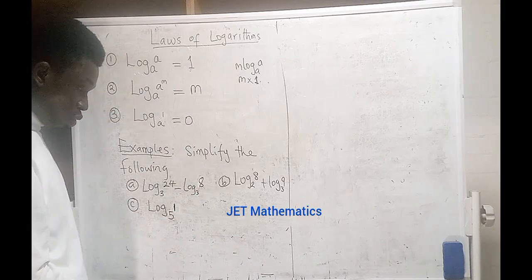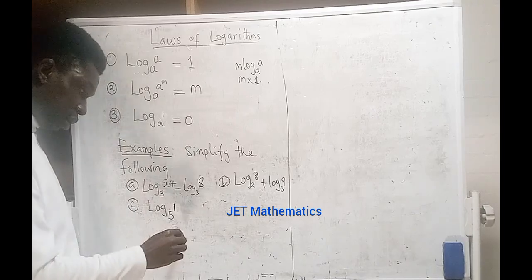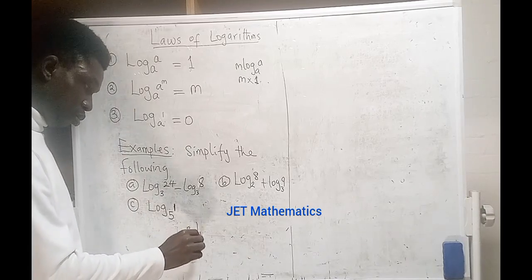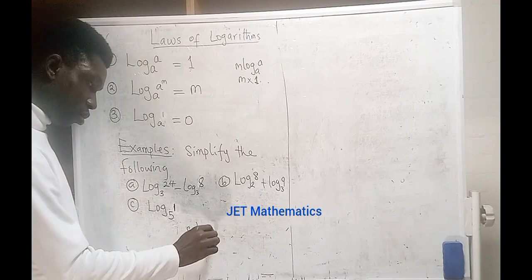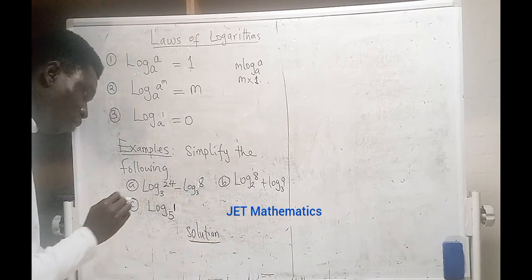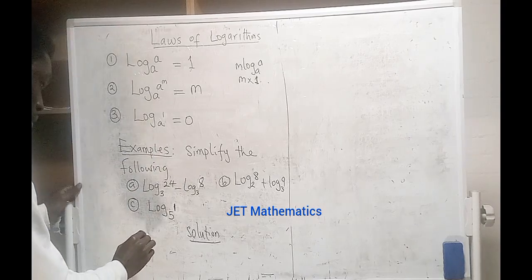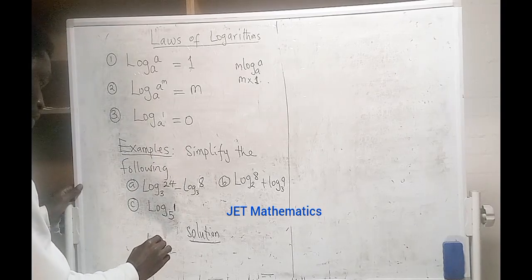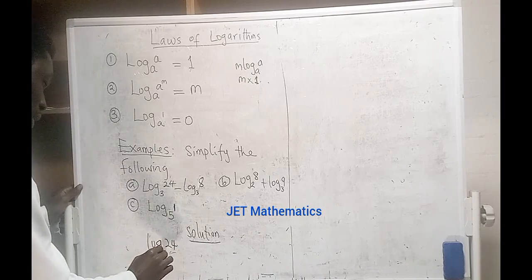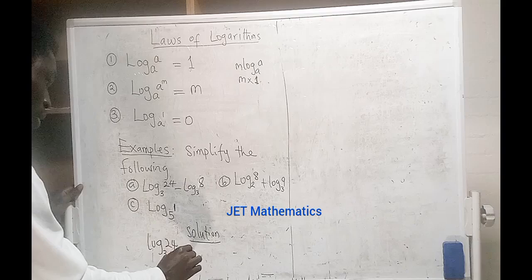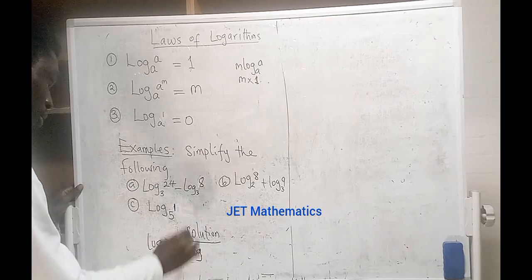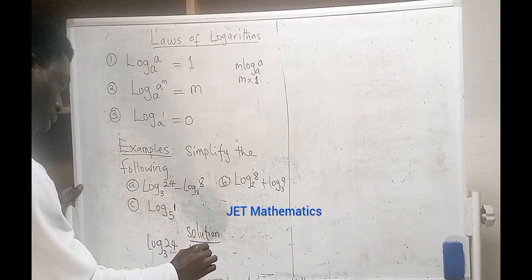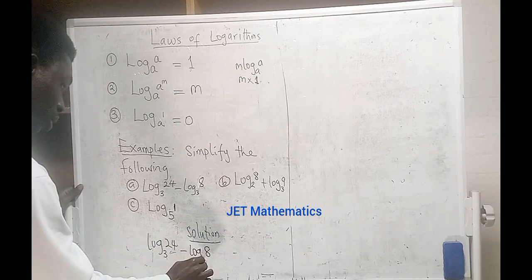Okay, so our first question, we are going to simplify log 24 base 3 minus log 8 base 3.